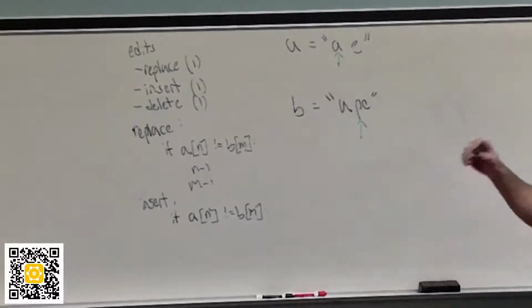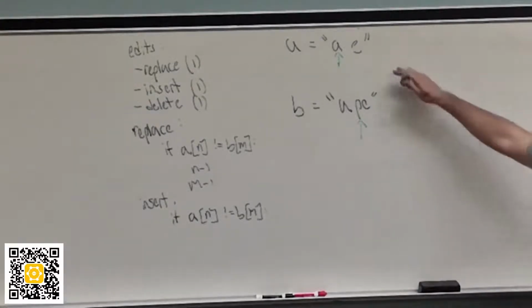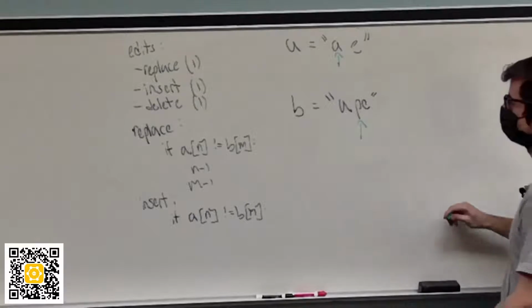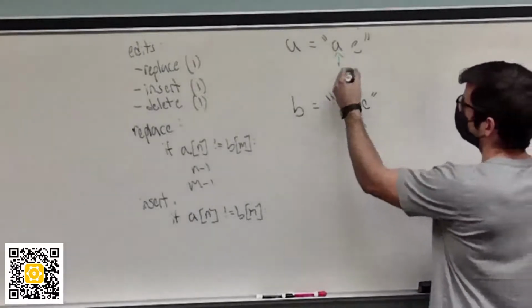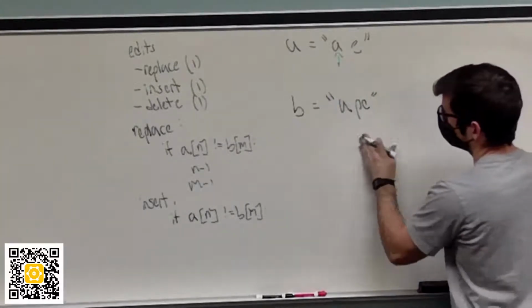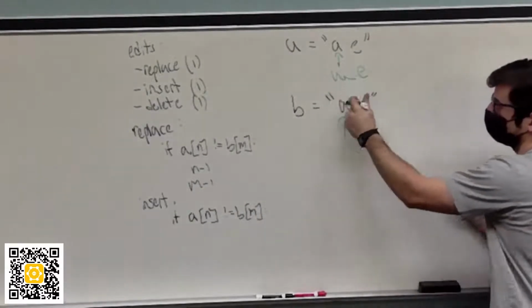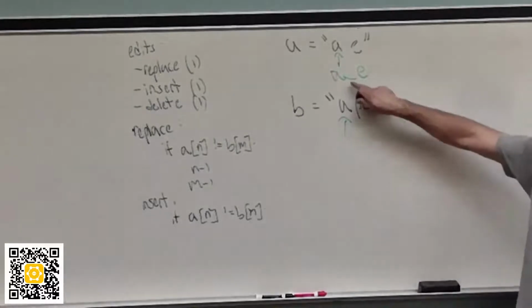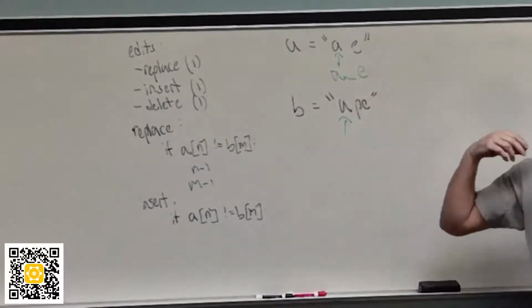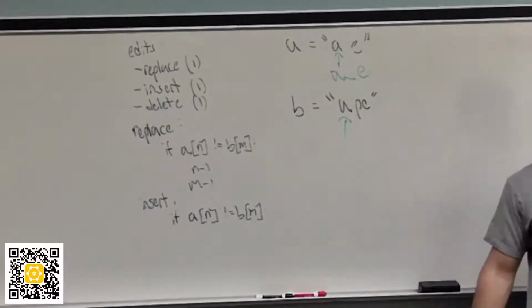All right, so now let's talk about that. Let's say we're trying to do A to B, right? This doesn't match, so we'll be inserting. We'll be moving this one down, and this will now become A underscore E, and then they match, so we're done. This underscore represents the gap, the character that we inserted.